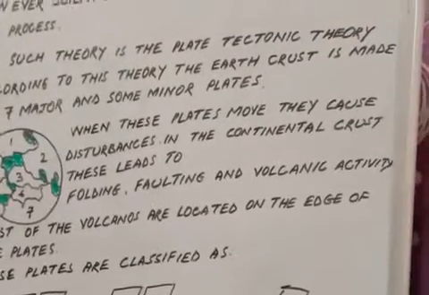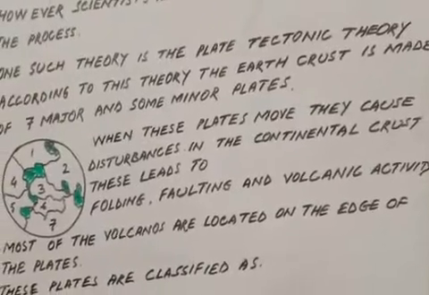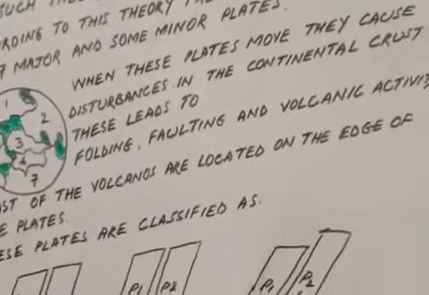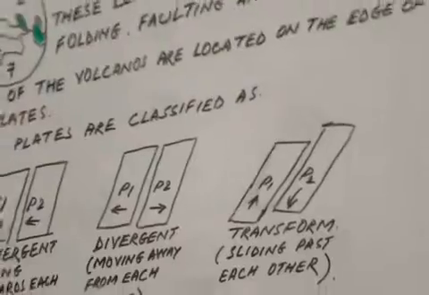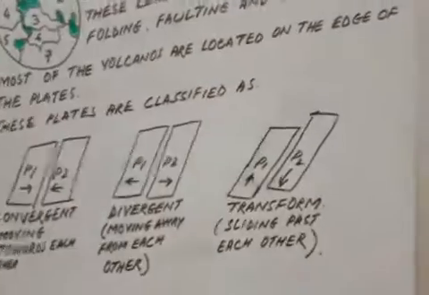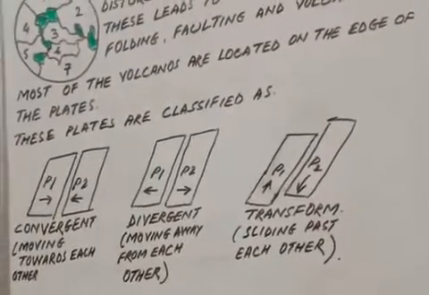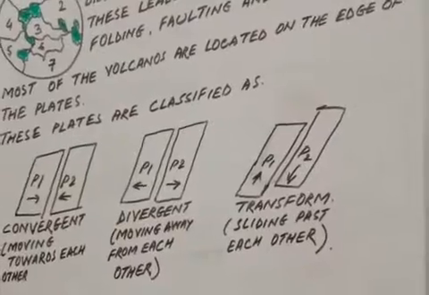So how can we classify these plate movements? These can be classified as, see, figure 1, figure 2 and figure 3. Figure 1 is called convergent movement.